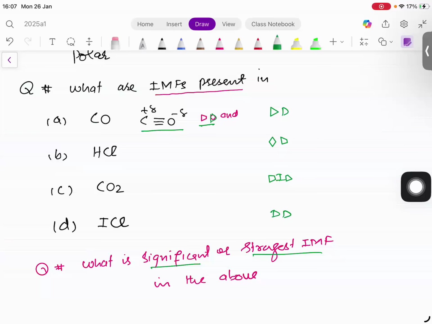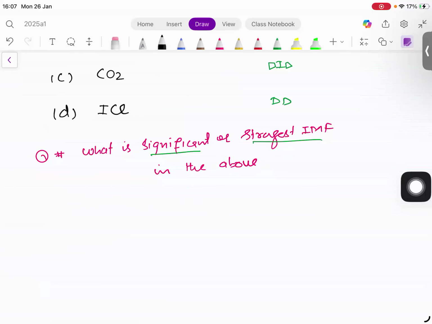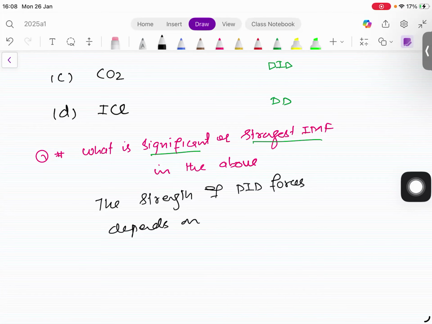Now, one more thing. The strength of DID forces depends on two factors.